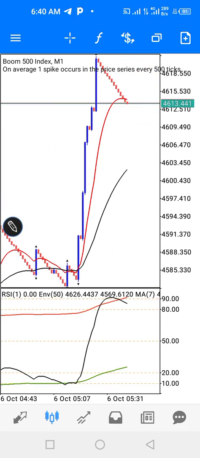You can use it to scalp and catch spikes on Boom and Crash, and in the same way, you can use it to trade the reversal pattern. It is a two-way sword, a two-edged sword. So without wasting much of our time, I will be sharing this setup with you.